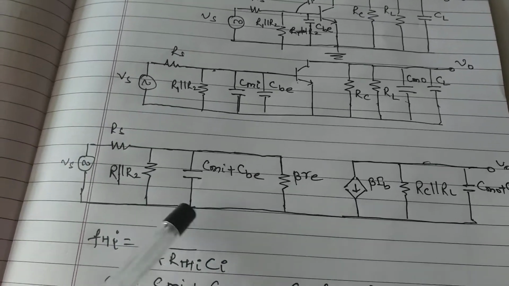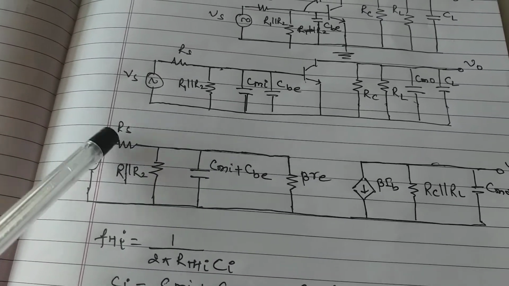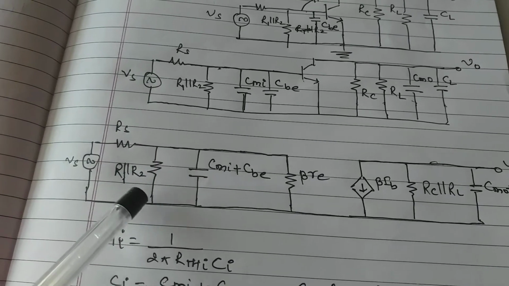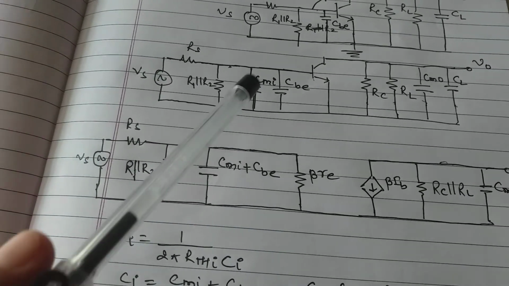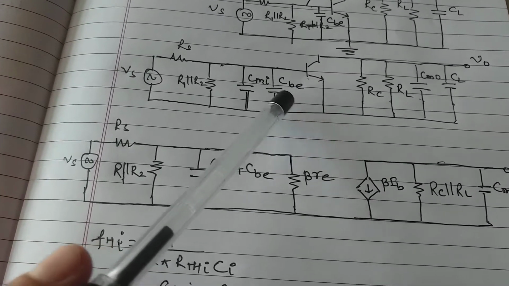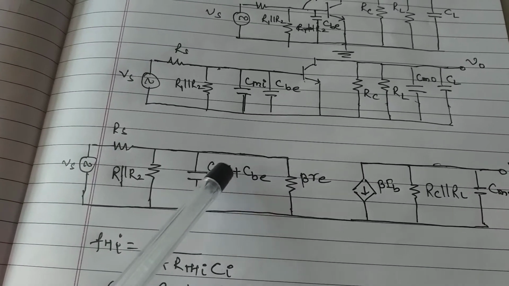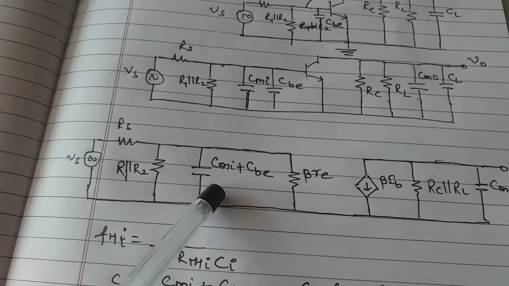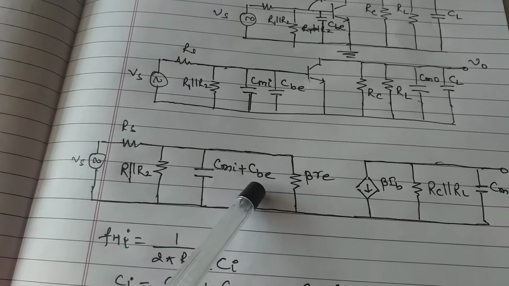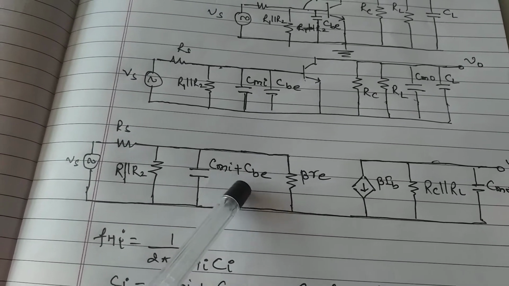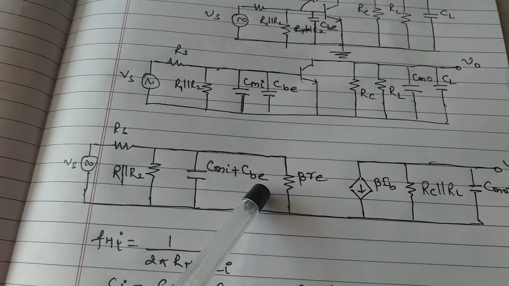So what we have in the circuit: source resistance RS, R1, R2 are in parallel, CMI and CBE are in parallel. So these can be added. The equivalent capacitance will be CMI plus CBE.